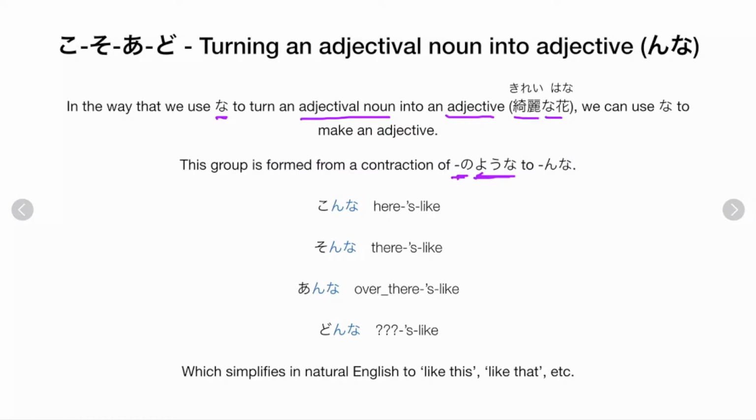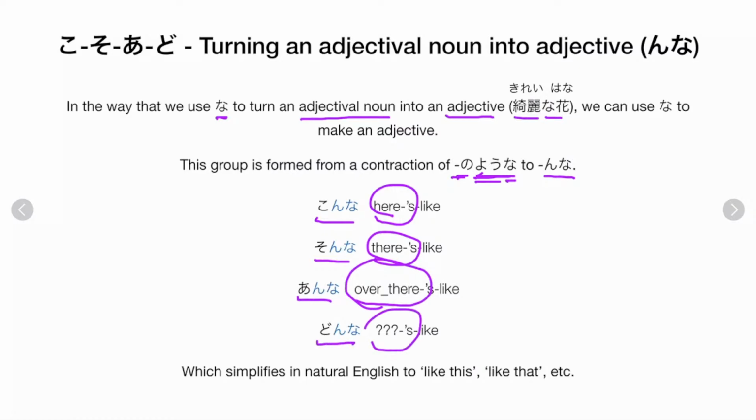So something no yo is like "this is form," and then na makes it an adjective, and that gets shortened into just na, right? So konna is like this, sonna like that, anna like that over there, and donna is like what?